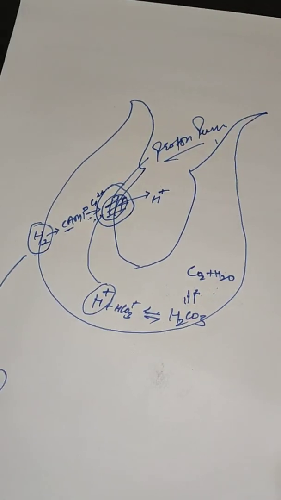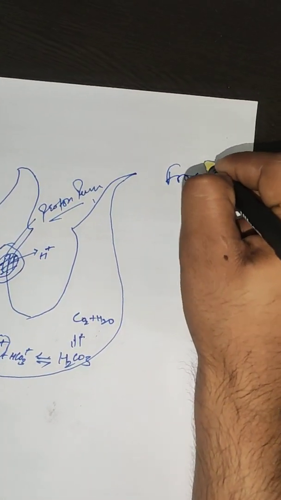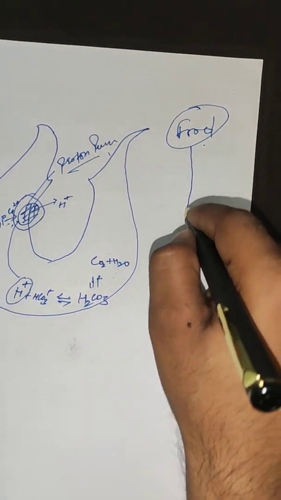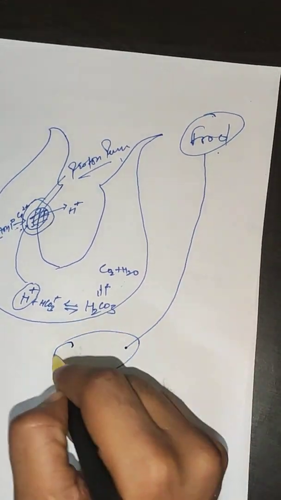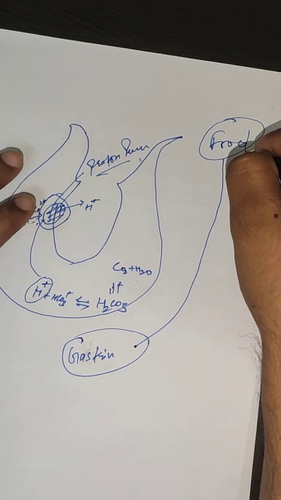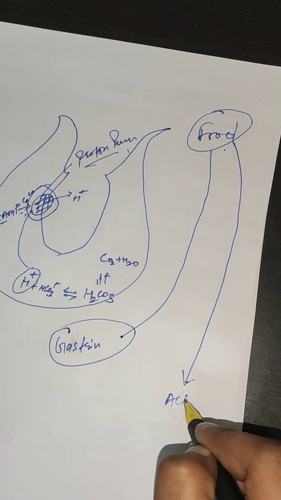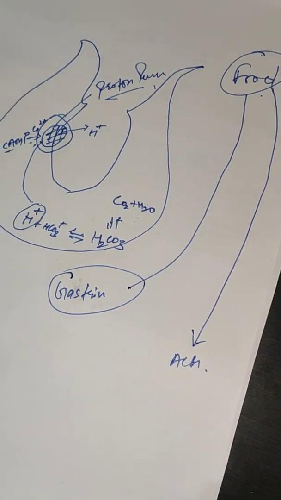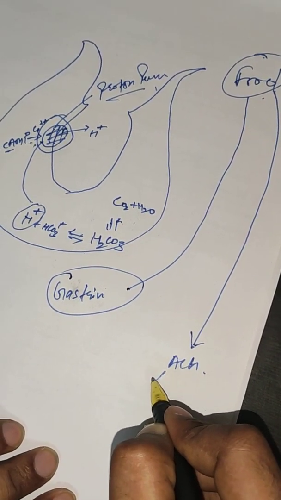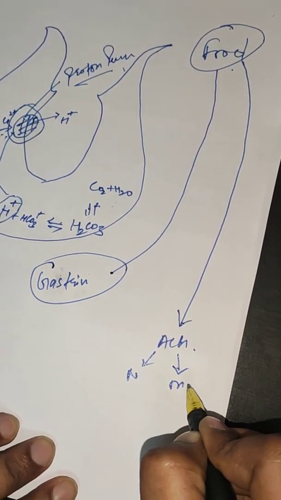This is one factor. Another factor: whenever we take food, it goes through gastrin, and another is acetylcholine. Now this acetylcholine interacts with two receptors, nicotinic and M1 receptor.